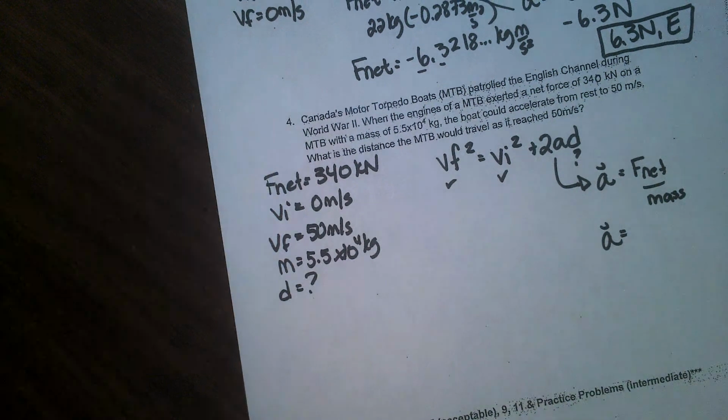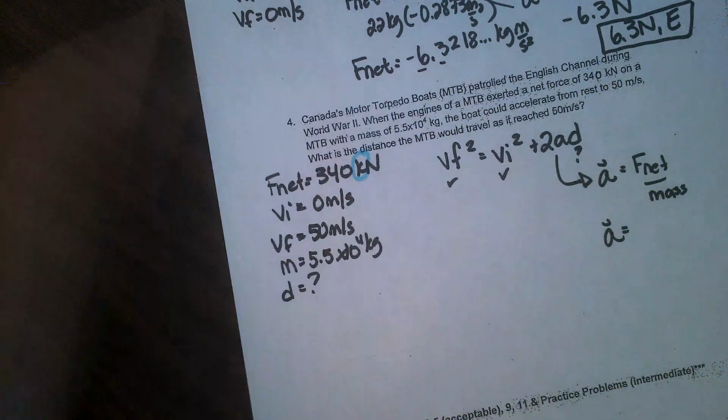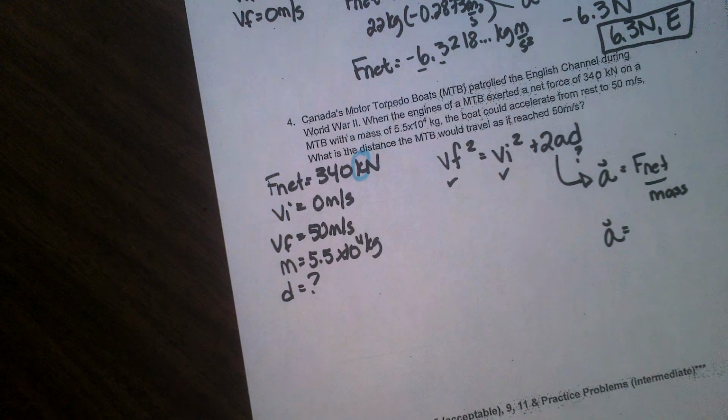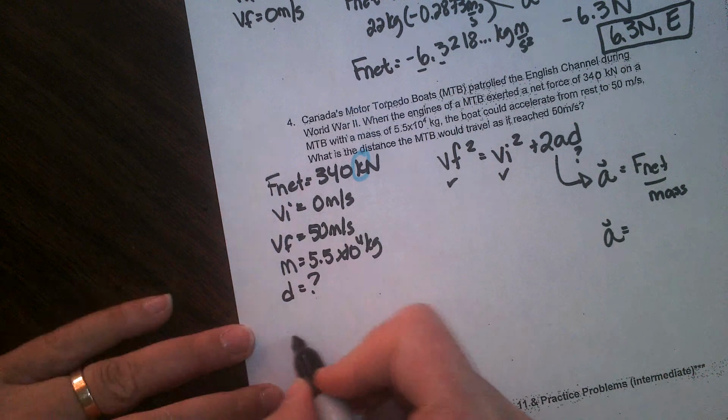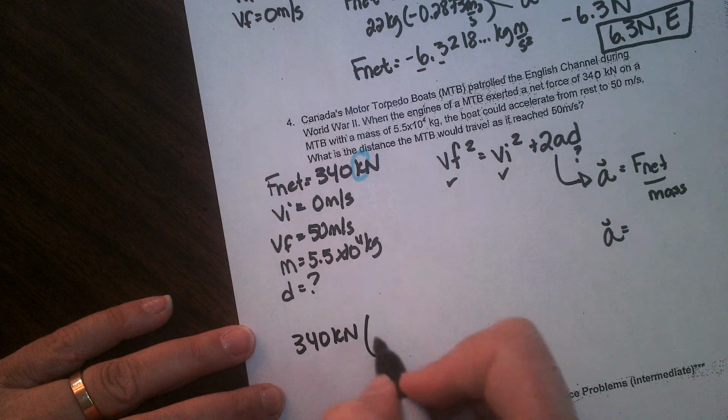Now, there's something special about this 340 kilonewtons. It's got the word kilo in it, not newtons, kilo. And force is a measurement of newtons. So how do we go from 340 kilonewtons to a newton?